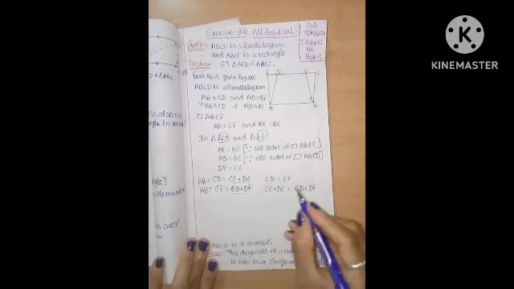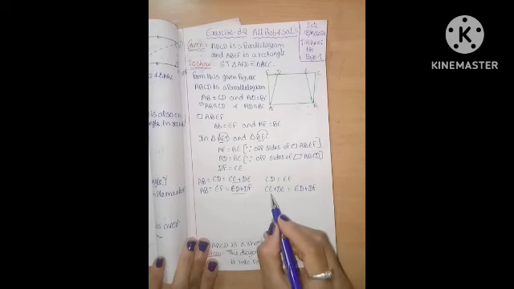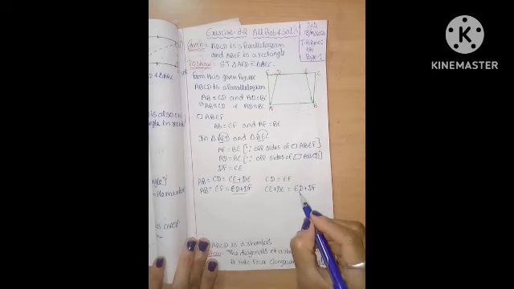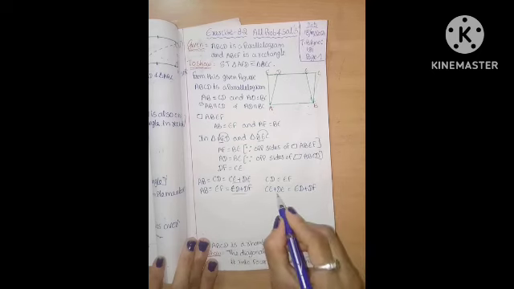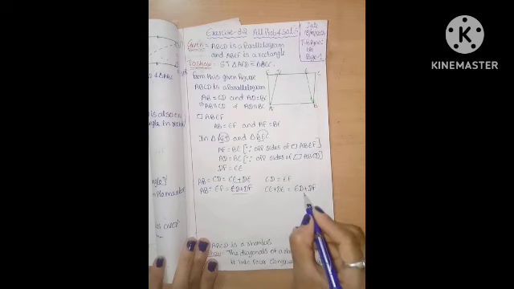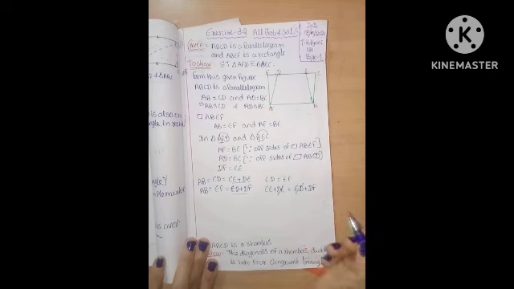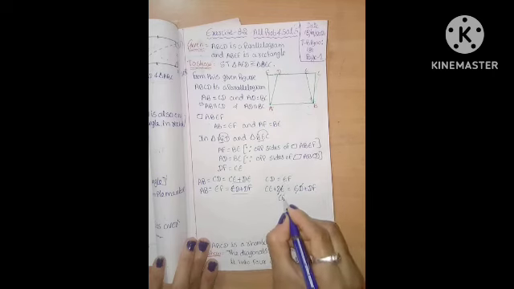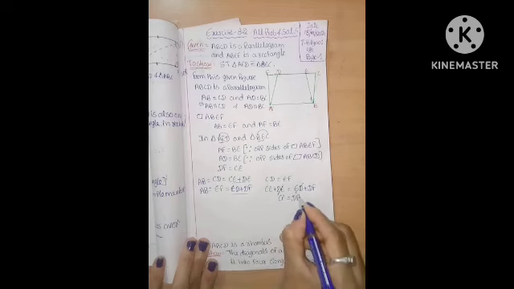Substitute these two. CD is nothing but CE plus DE, and EF is nothing but ED plus DF. Left hand side and right hand side, DE and DE are cancelled. We will get CE is equal to DF.